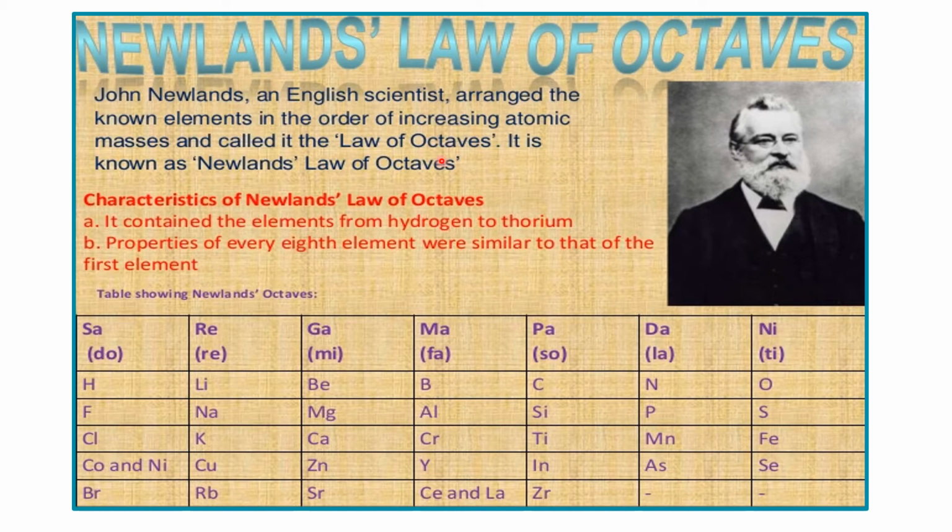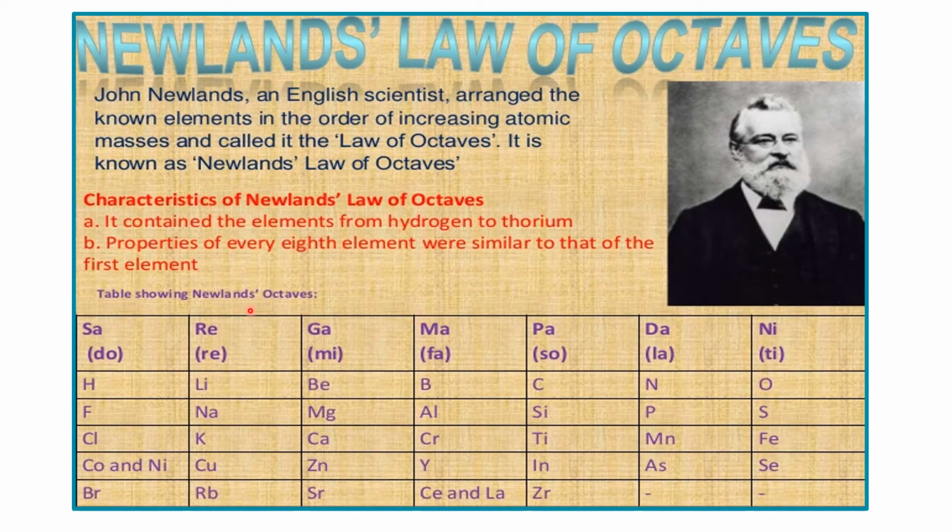So here the first one and the 8th are similar. You can see sa, re, ga, ma, pa, da, ni, and again sa repeats. So this is known as a musical note. So when he arranged the elements, he took this concept of octaves and, based on the characters of the elements from hydrogen to thorium, he arranged them in the concept of octaves.